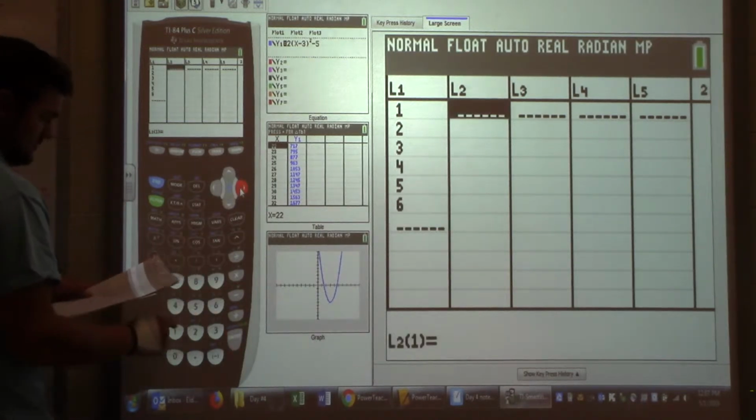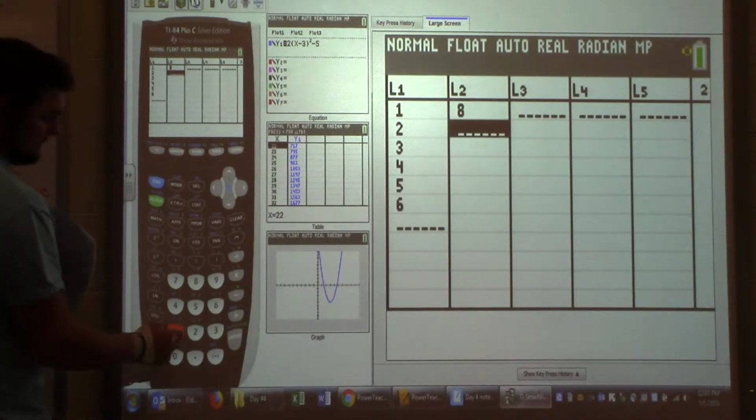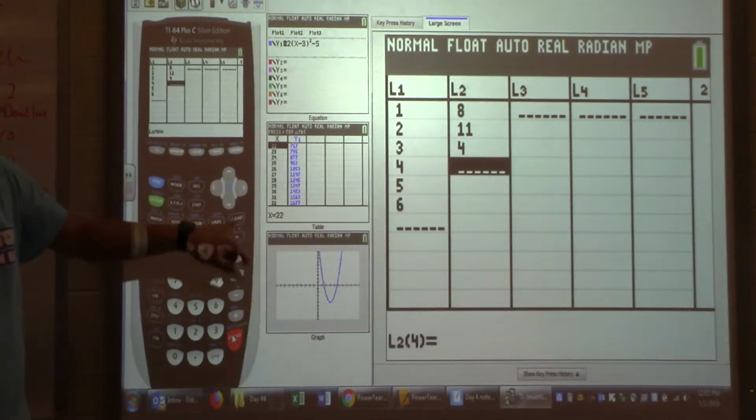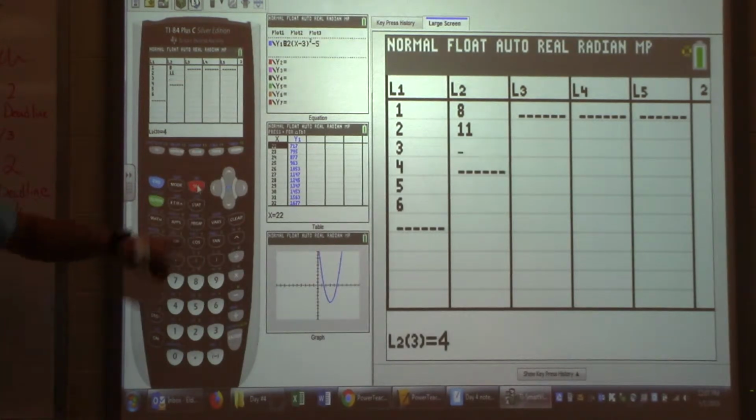Mister, you have a question. What's your question? I have extra values in one of the rows, how do you get rid of them? If you highlight that value and you hit DEL, that's delete, it should get rid of it.